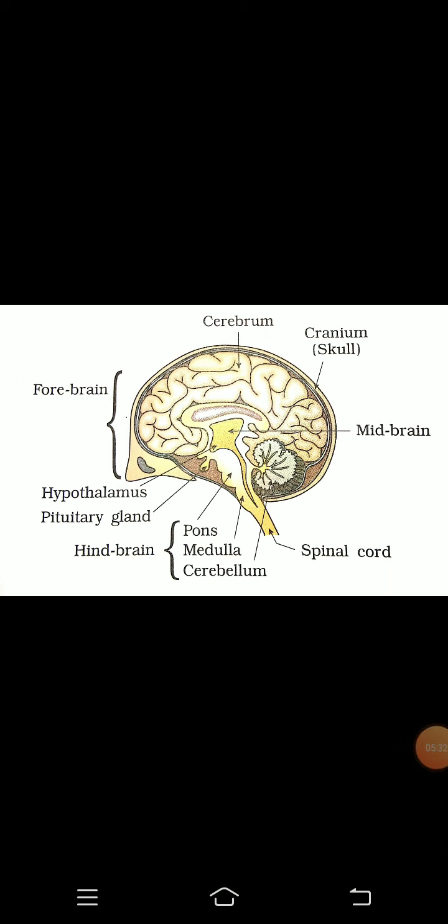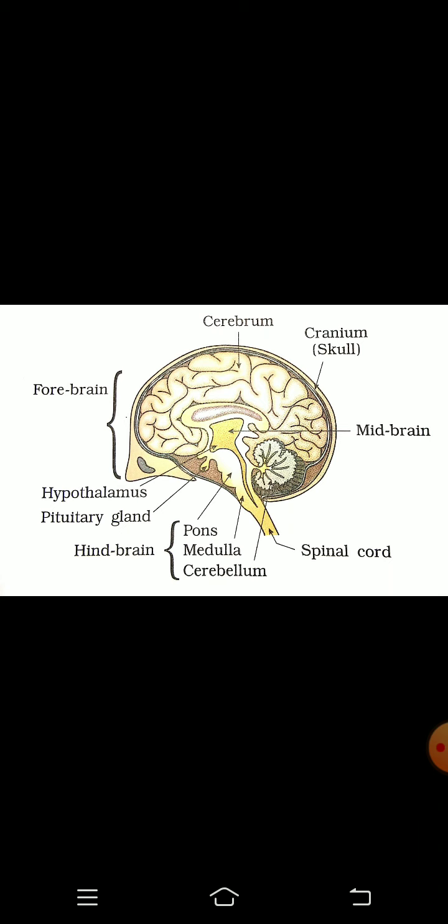Now let us learn about the structure of the human brain. The human brain has three major parts or regions. First, forebrain, second, midbrain, and third, hindbrain. The human brain is a very important topic, so you must pay attention here.